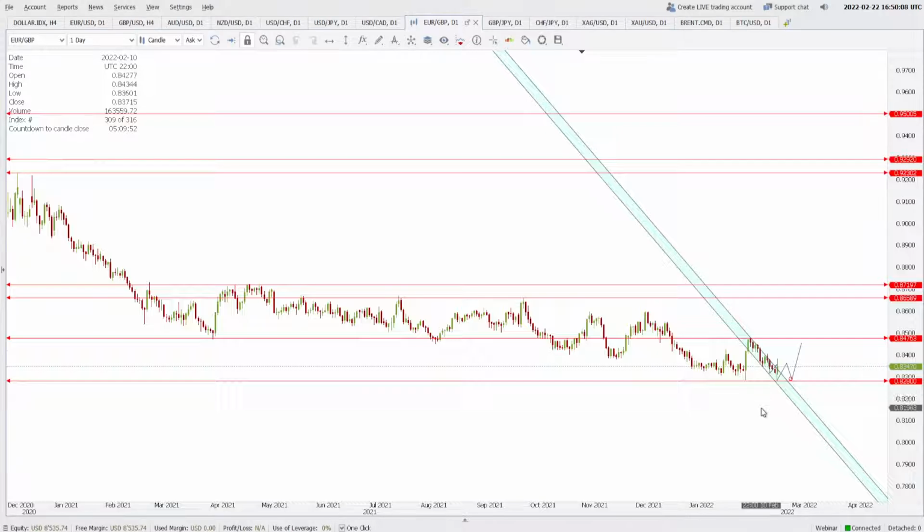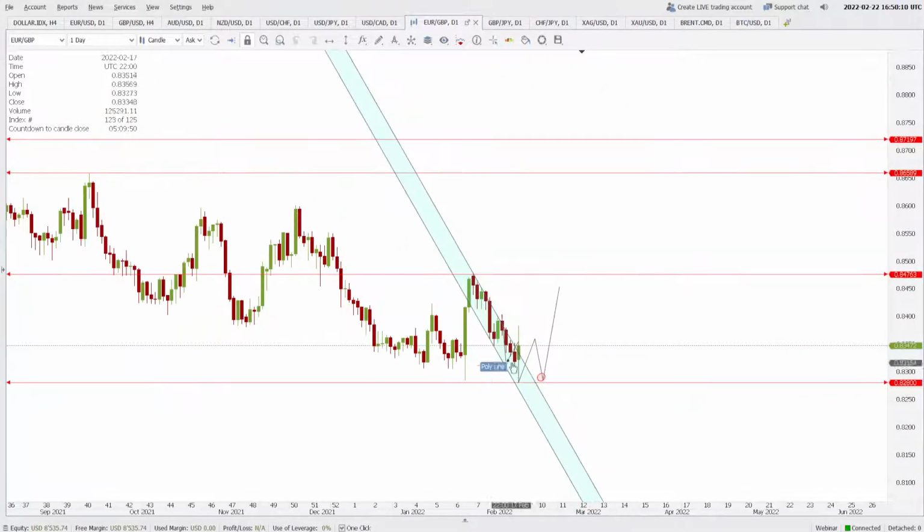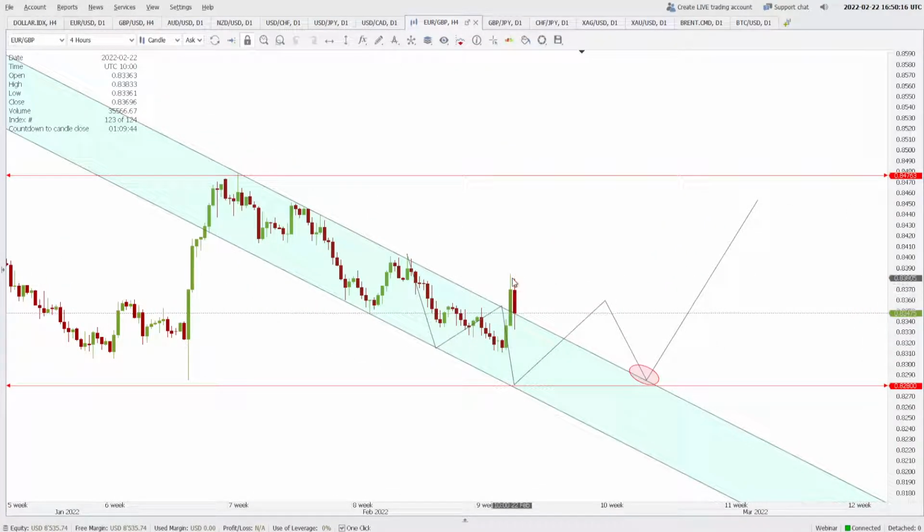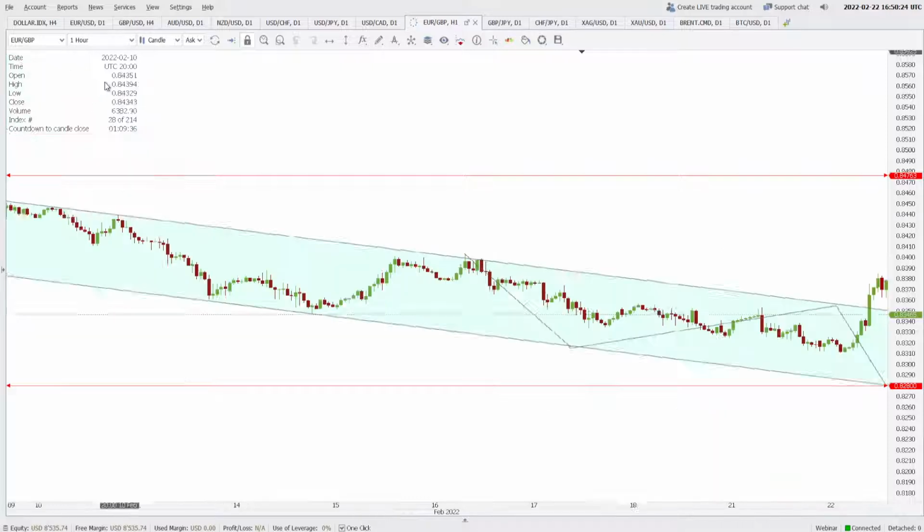Okay, and when the price actually broke higher than this 4-hour channel, I think a lot of buyers came in, but somebody was ready to sell off their position and push the price back. But eventually buyers again try to go higher.